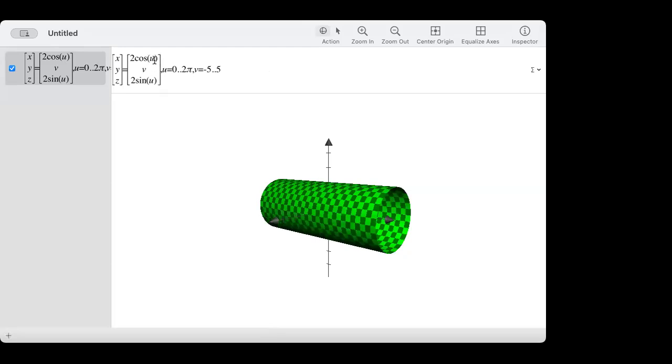Okay, I'll mess with your heads now. u cosine of v, u sine of v, u squared.